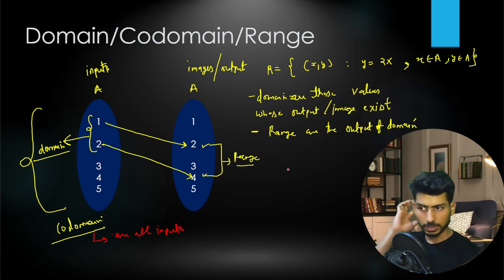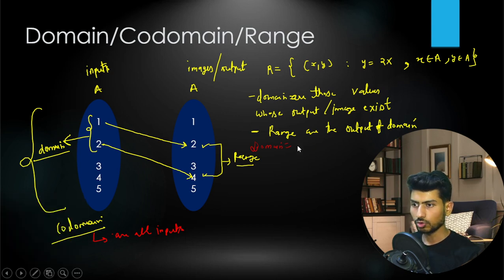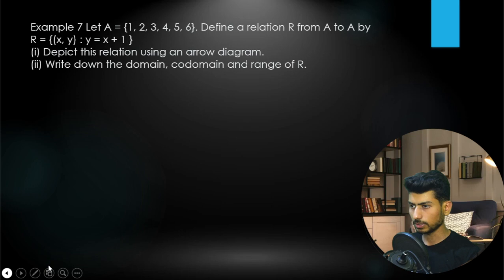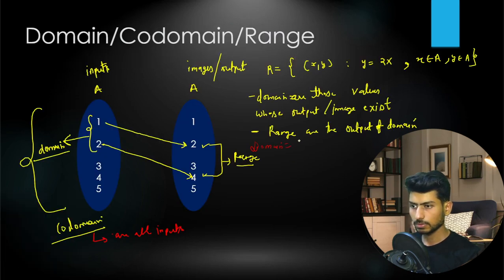If I make a set here, let me write the set form here. So the domain will be, let me change the color here, domain is 1 and 2.